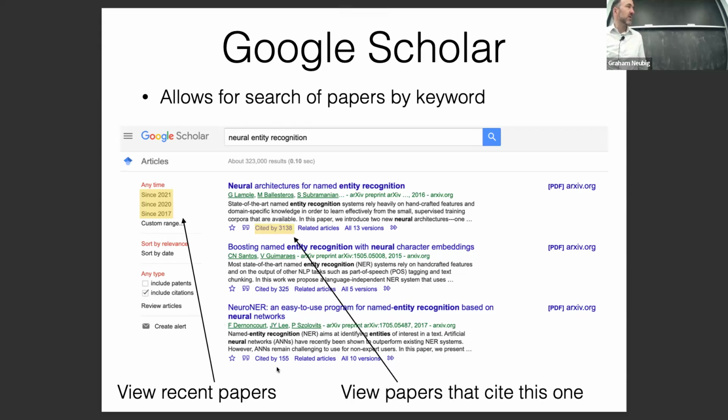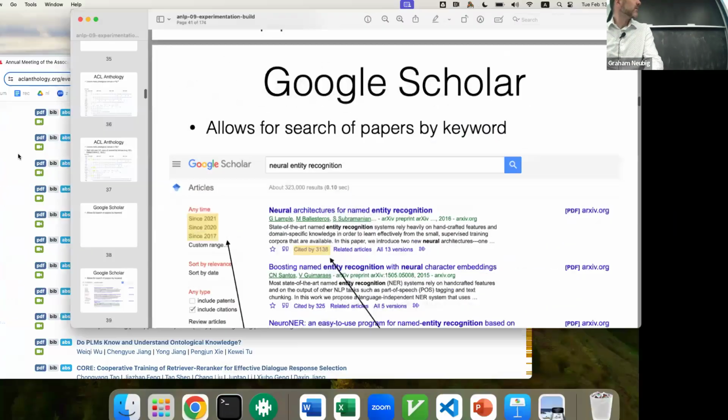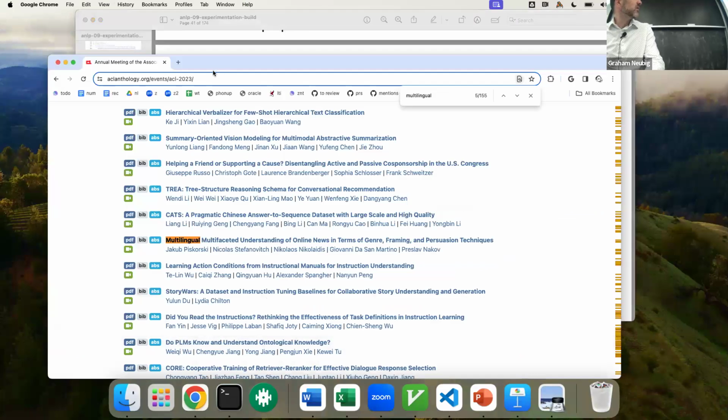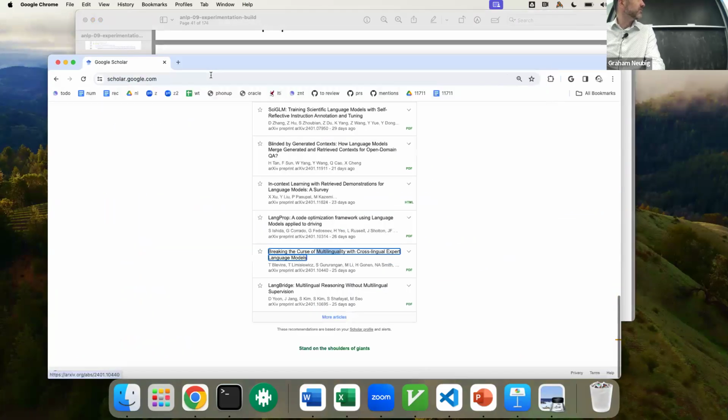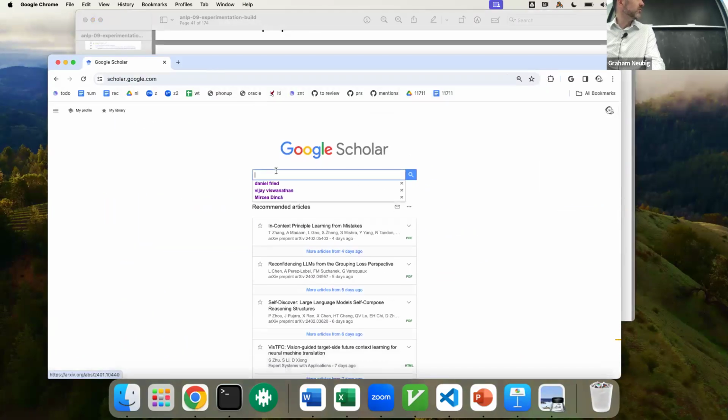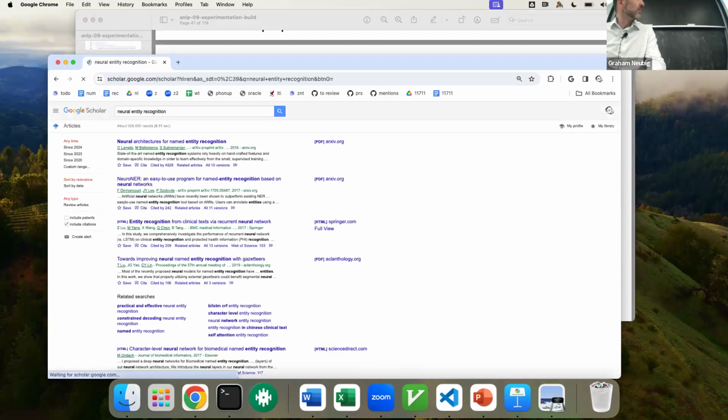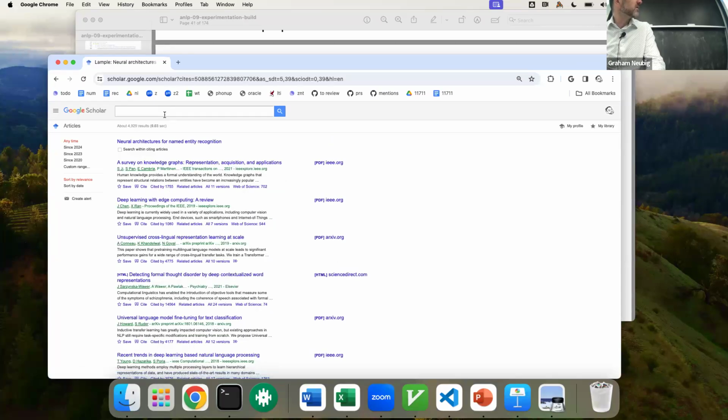Another really useful thing that you can do is view papers that cite the current paper. You can even click on this, and then you can search within the citing papers. So let's say I want to see if anybody does neural entity recognition with state space models.